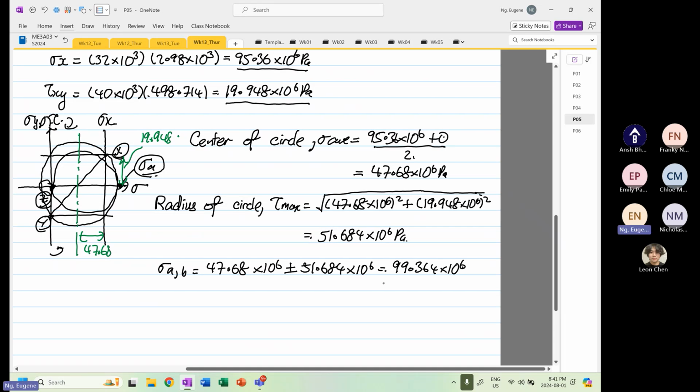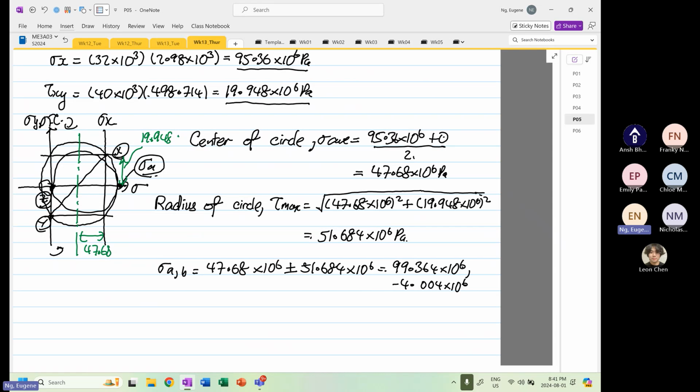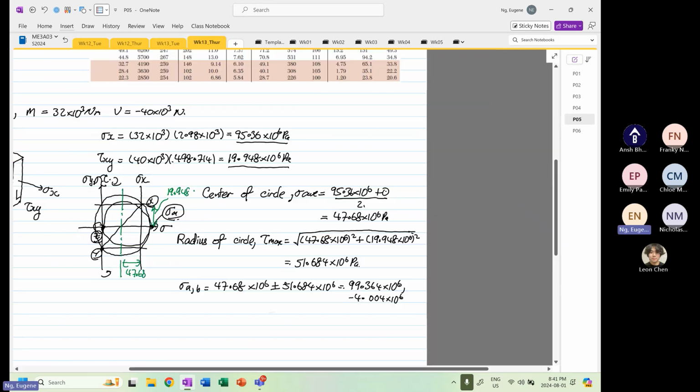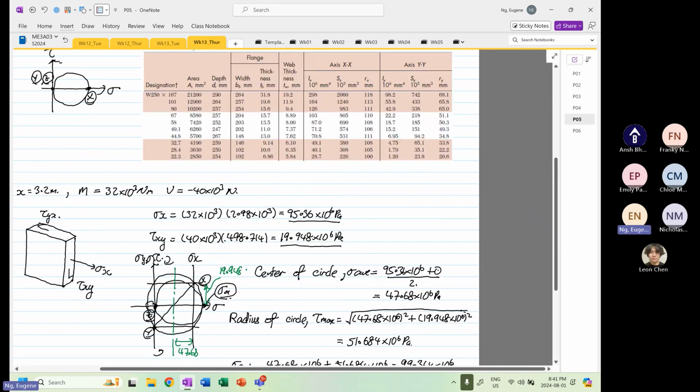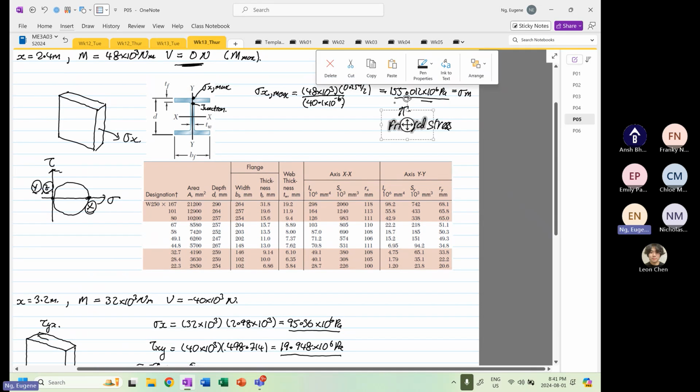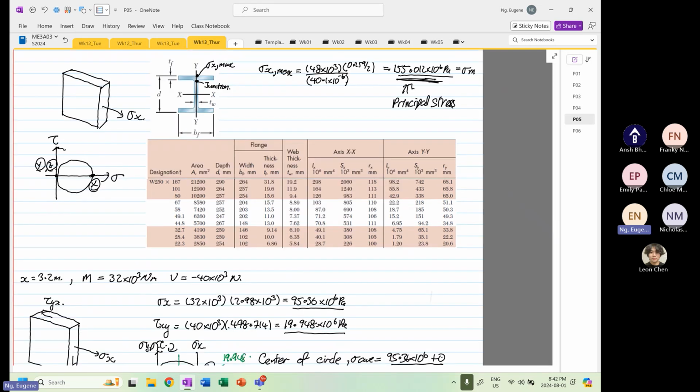And then the other one is 47.68 minus 51.684, which is minus 4.004 times 10 to the power 6. So you realize that the value of 155.012 times 10 to the power 6 is still the highest.